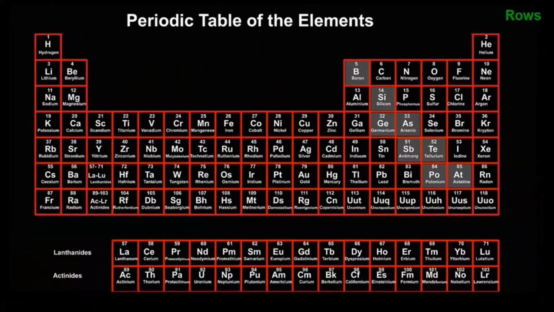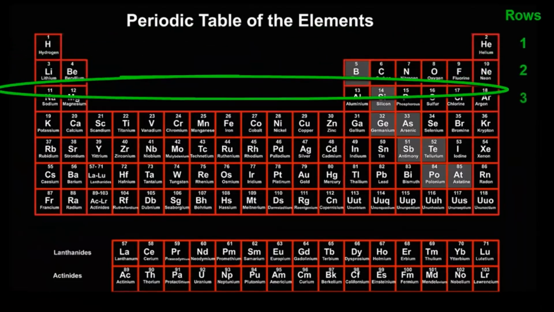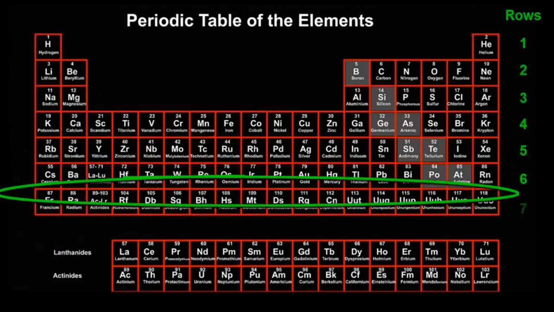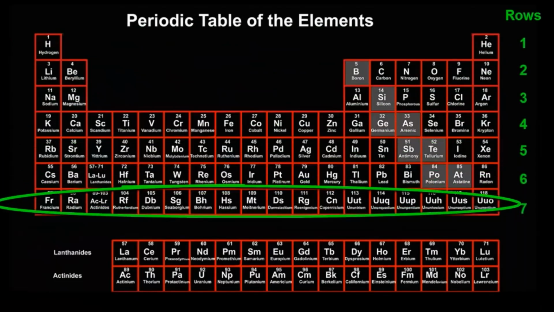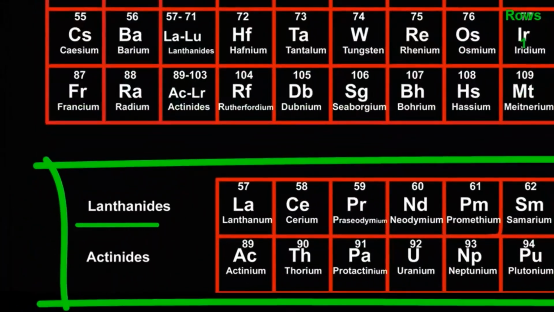How many rows are there? 1, 2, 3, 4, 5, 6, 7. The periodic table has 7 horizontal rows. What about these rows down below, called the lanthanides and actinides?